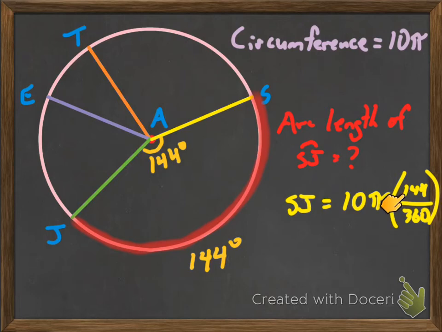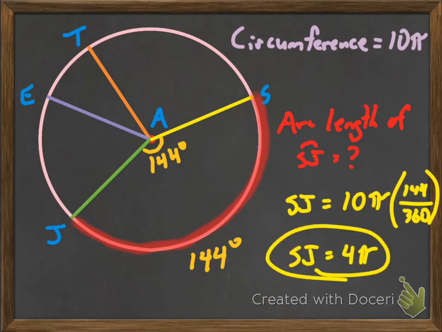That's my fraction. So when I multiply all this out, I get SJ is 4 pi. And I can multiply that out on my calculator. It's 3.1415 times 926 times 4, which is going to be 12 point something. So that's the length of this arc.